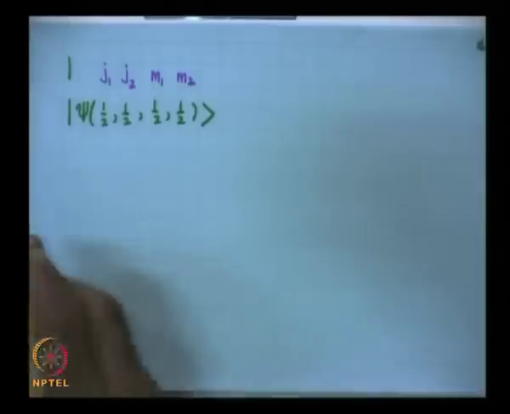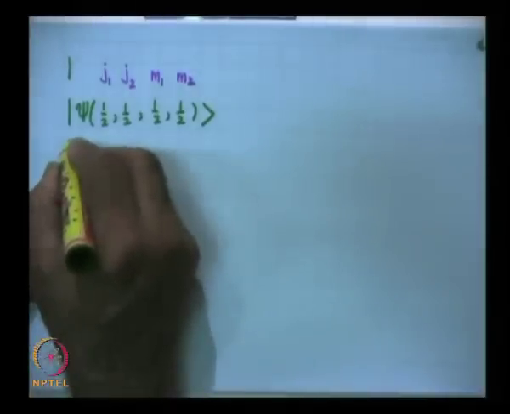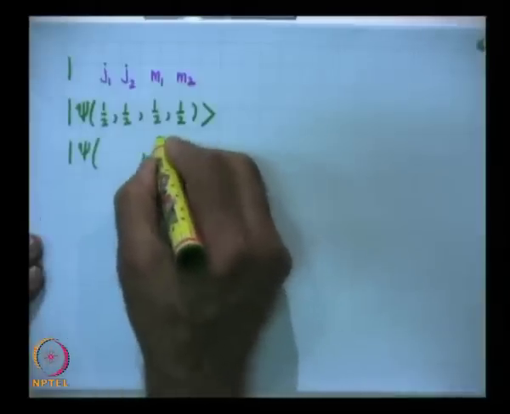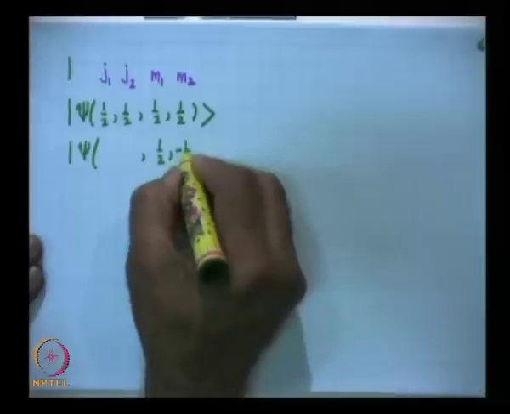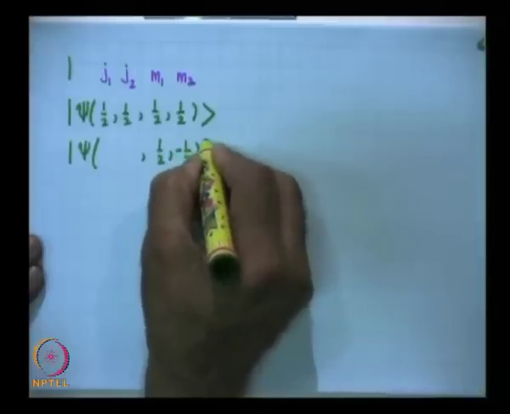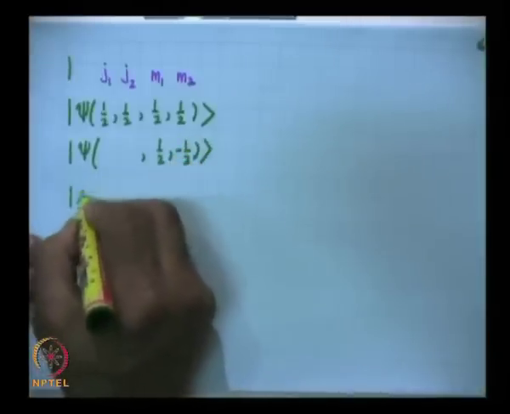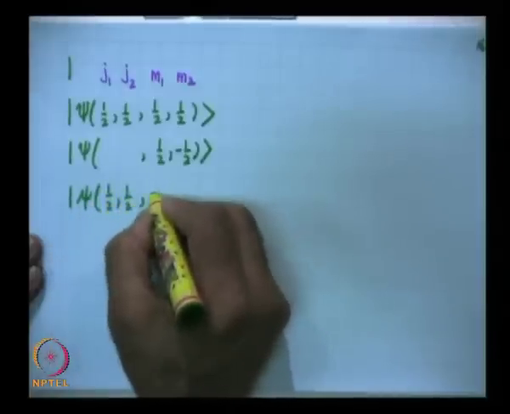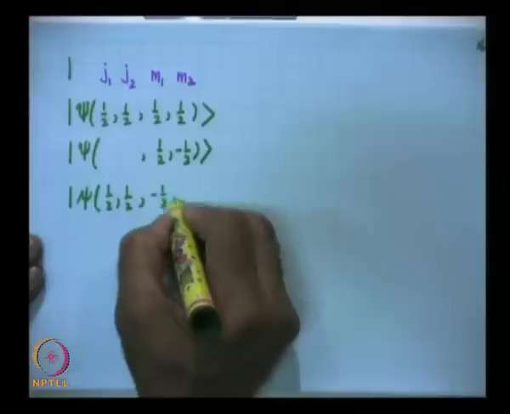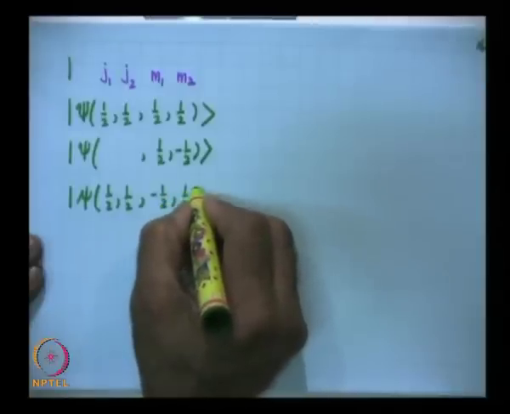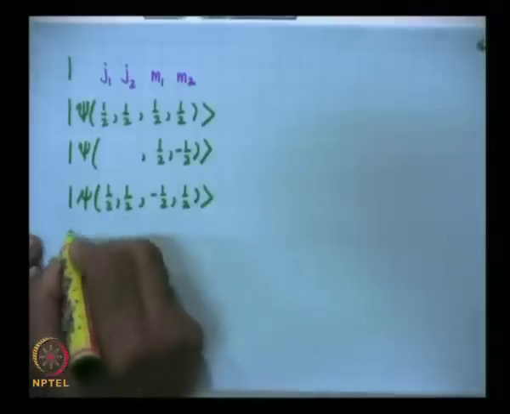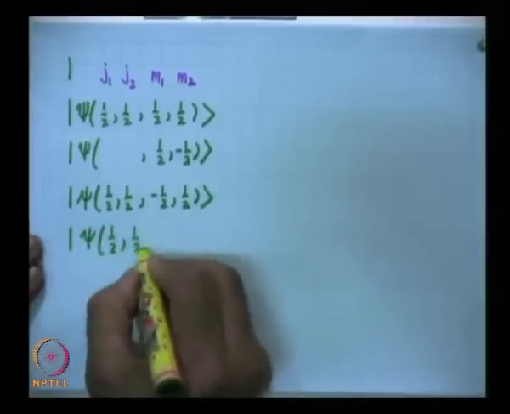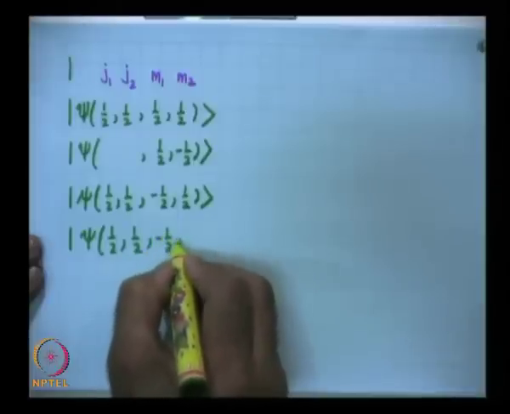In fact, many people omit writing that. So, there are 4 such functions: psi half, half and this is half minus half, psi half, half minus half plus half and psi half, half minus half minus half.